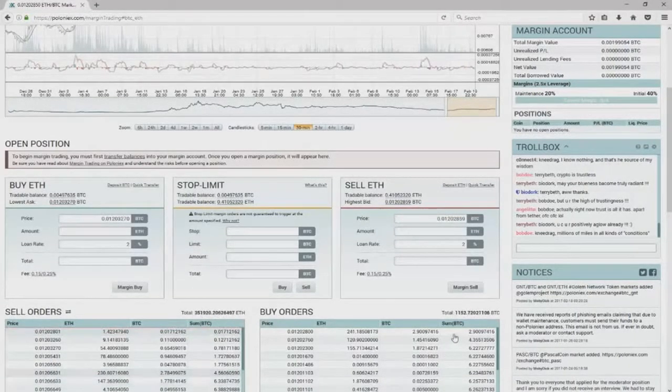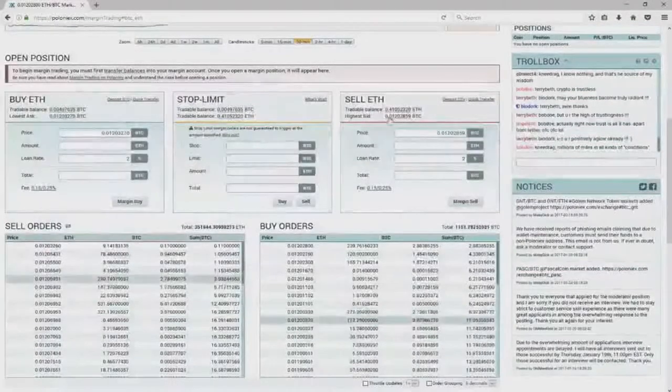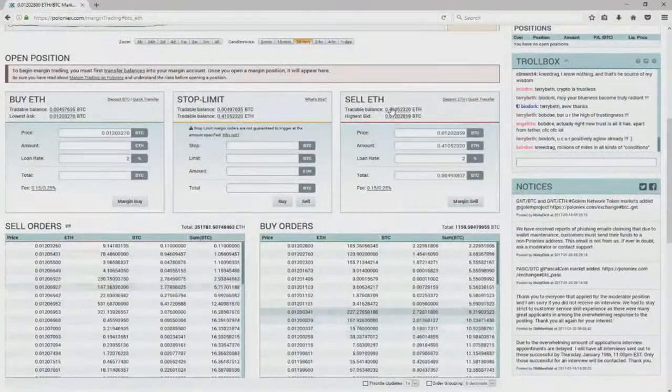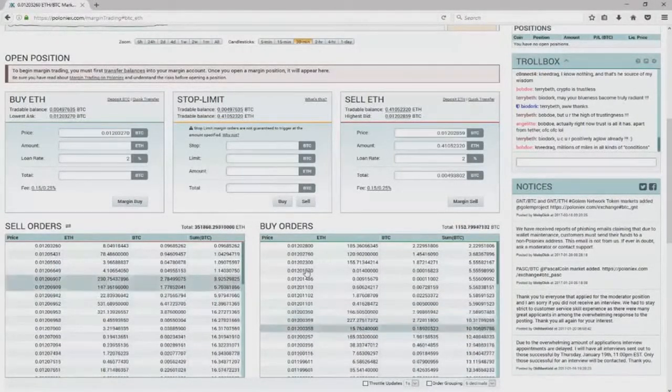The swap lender gets back their principal with the interest, and I get to skim the profit in between where I sold and where I bought back in. So if I want to sell and go full size, I just click on that, and let's just pick a price that'll get me filled at, and then margin sell.